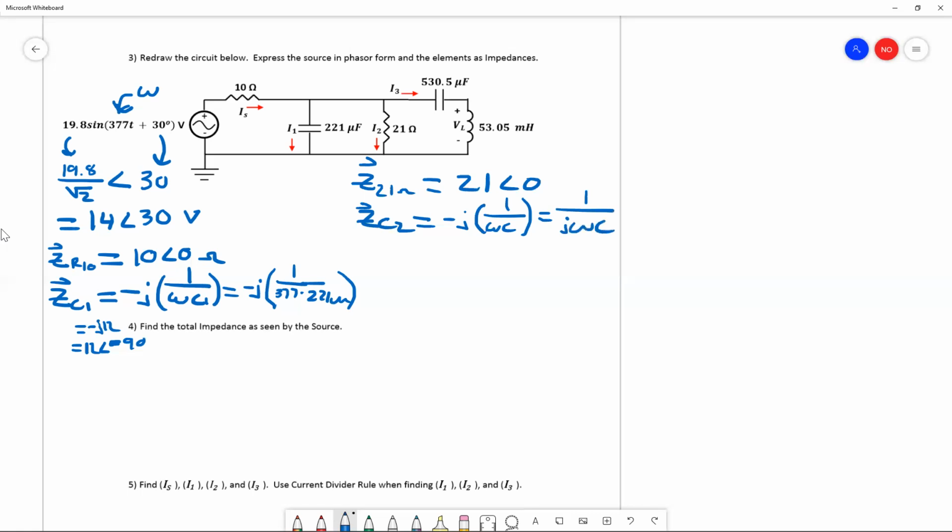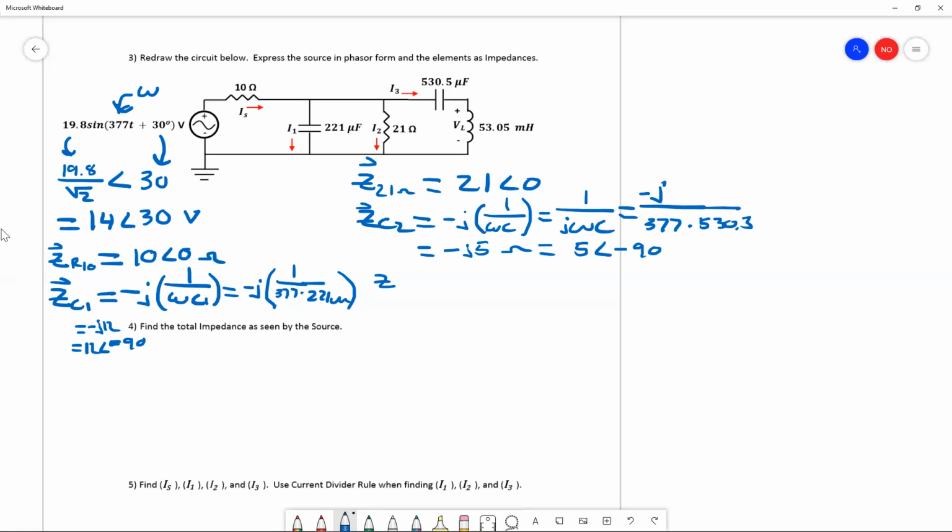These will yield the same answer. They're the same, I promise. So that's negative J 377, which is omega, times 530.5, which was negative J 5 ohms, or 5 at an angle of negative 90.